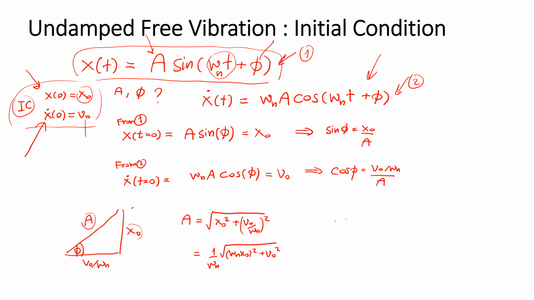How about the phi angle? The phi angle is also the arctan of x0 divided by V0 per omega n.